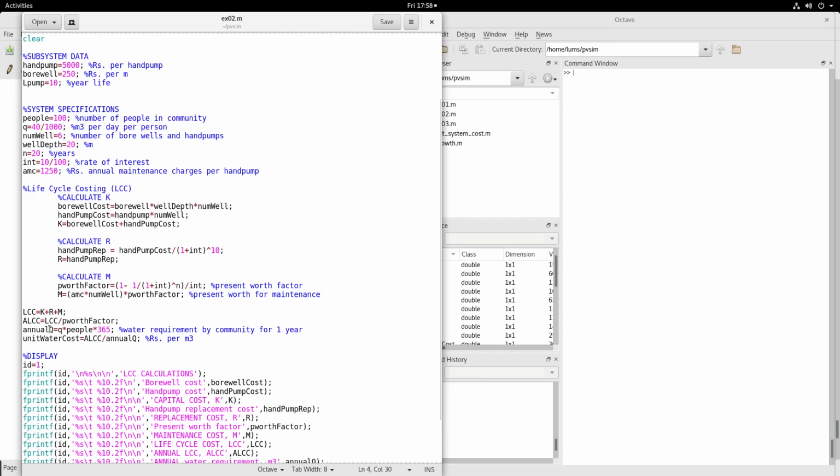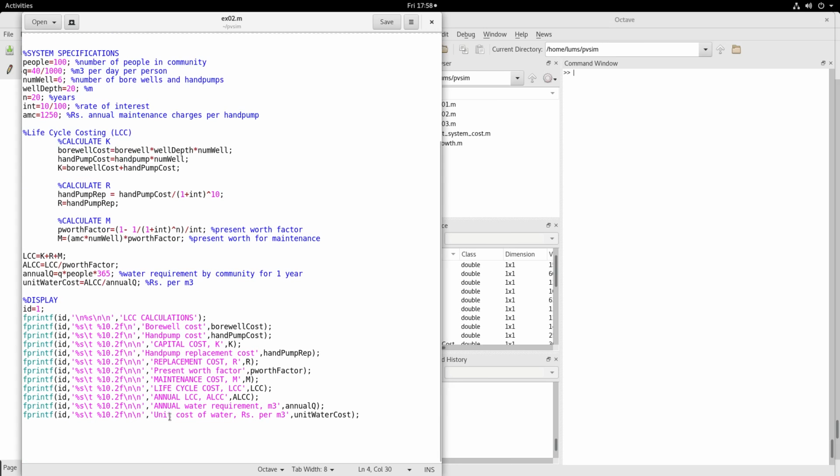The annual water requirement is basically the number of people and how much each consumes per day, into 365 days, and the unit water cost is ALCC by annual requirement, which will give you rupees per meter cube.